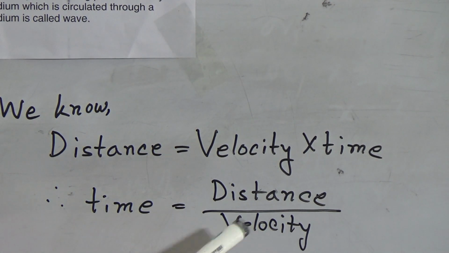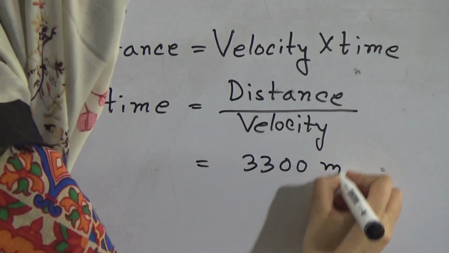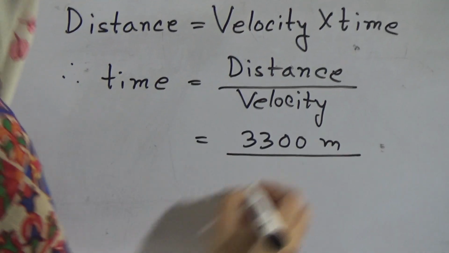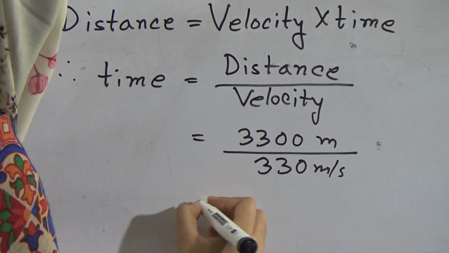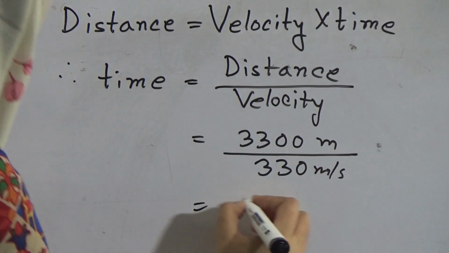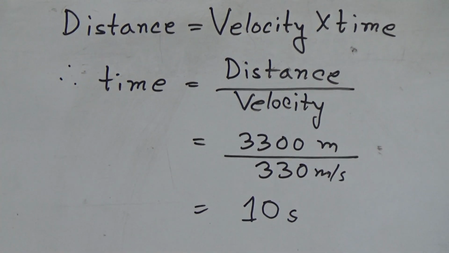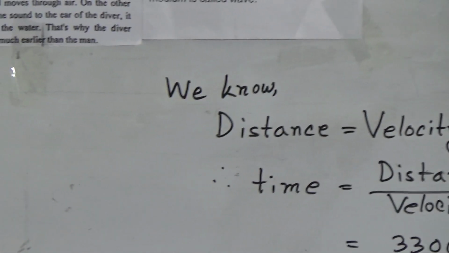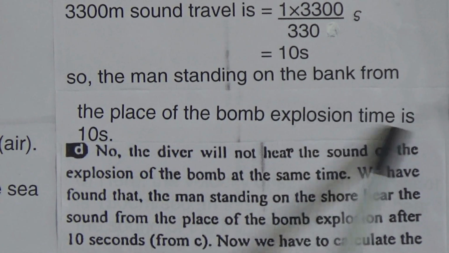And here distance is 3,300 meter and the velocity is 330 meter per second. If we calculate this, then we will find the same answer, 10 seconds. You can do any process. So the time for the man standing on the bank from the place of the bomb explosion is 10 seconds.